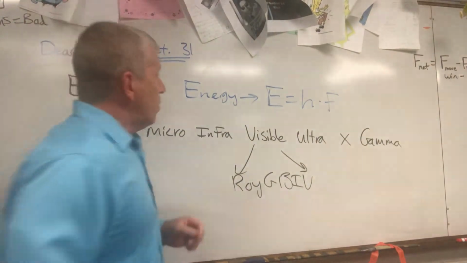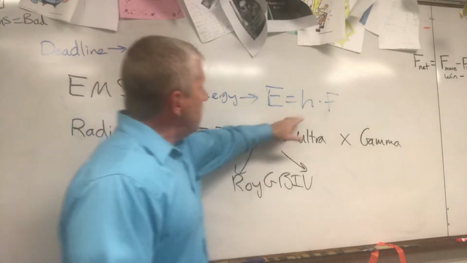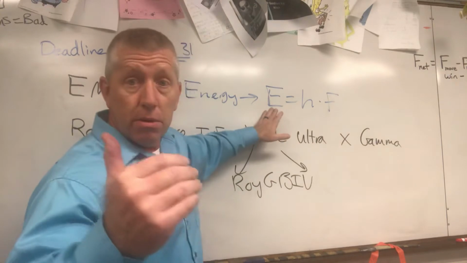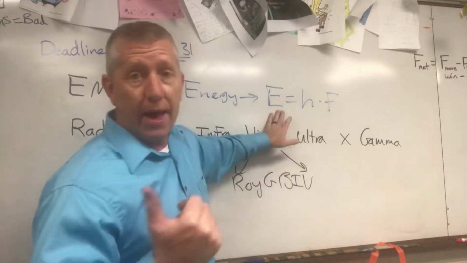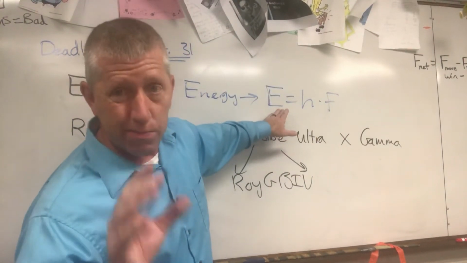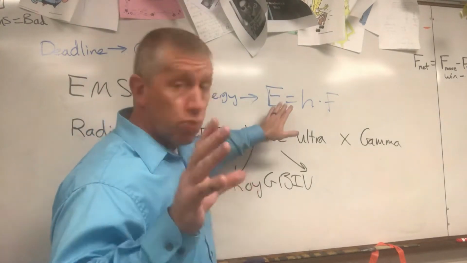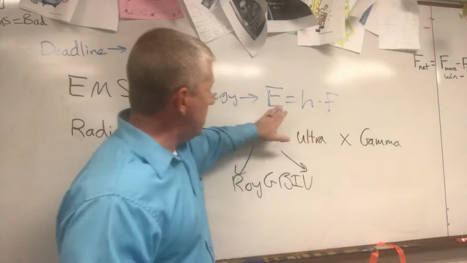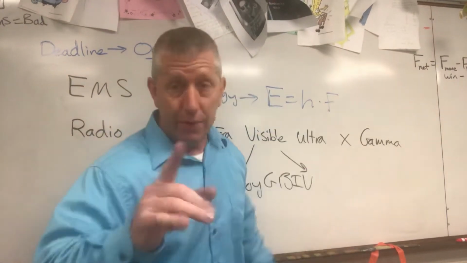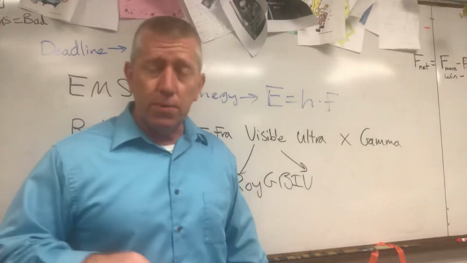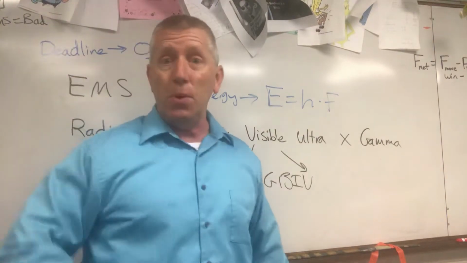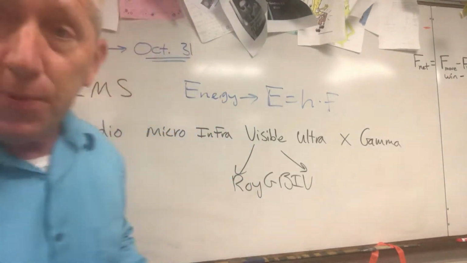But for now, we should just know this: when it comes to the energy that a light wave has, or a light photon actually, to be more exact, light energy is directly related to the frequency of the light. Oh, we've got to talk about those words. Yes, we do. So let's talk about those words.